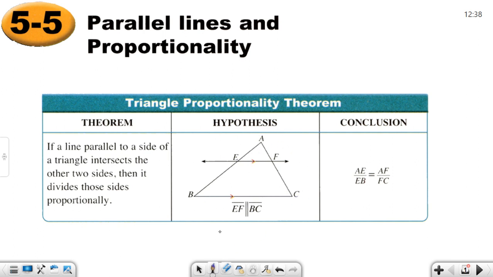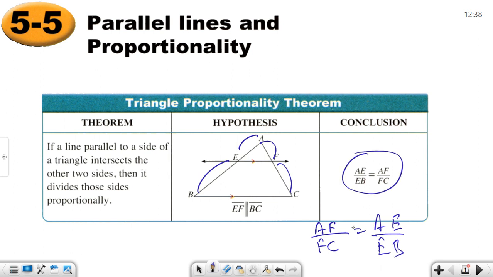If there are two parallel lines, as you see, EF and BC are parallel, you can directly say AF over FC is equal to AE over EB.